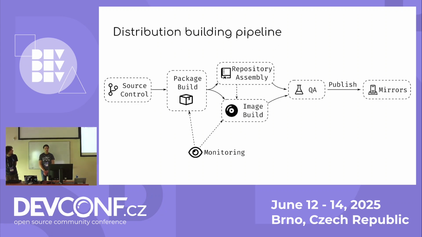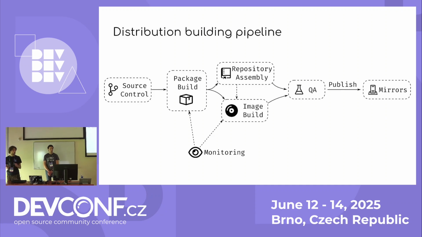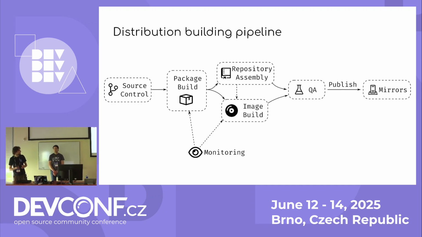So let's start looking at the build structure of a Linux distribution. Usually we have some kind of source control containing the package metadata. Then we have a build system. From the build, we need to compose somehow the repository, so some source of data on the whole distribution level.